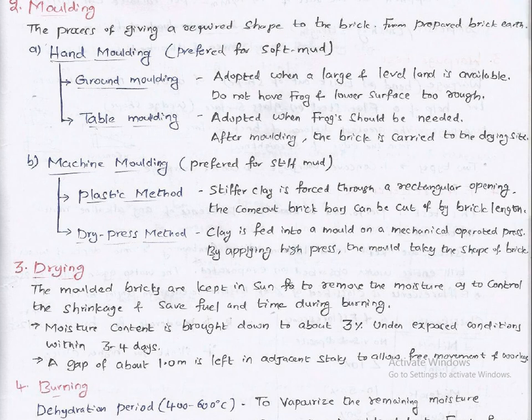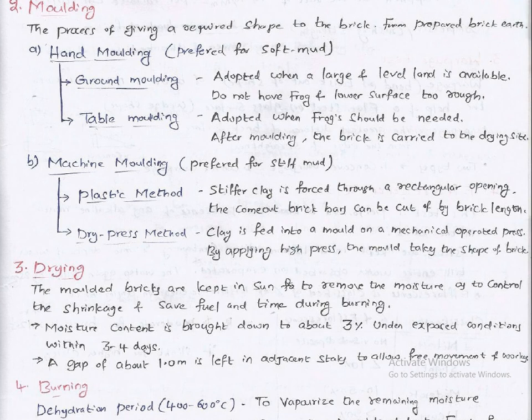Moisture content is brought down to about 3% and then exposed for 3 to 4 days. Under the exposed condition, a gap of about 1 meter is left adjacent to the stack to allow free movement of workers.